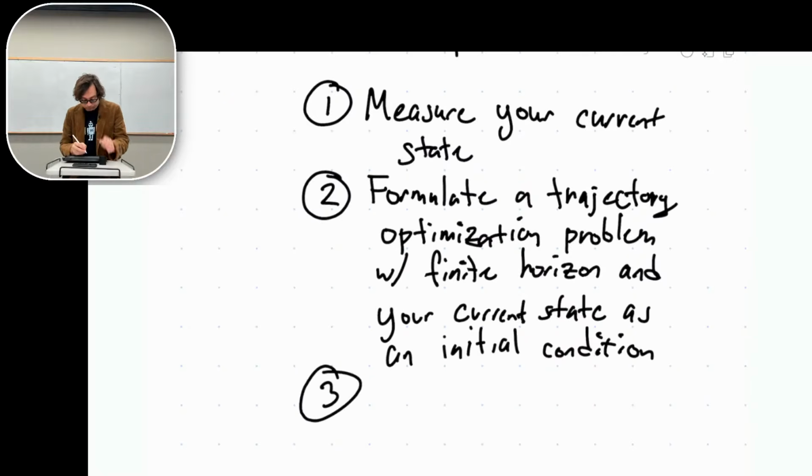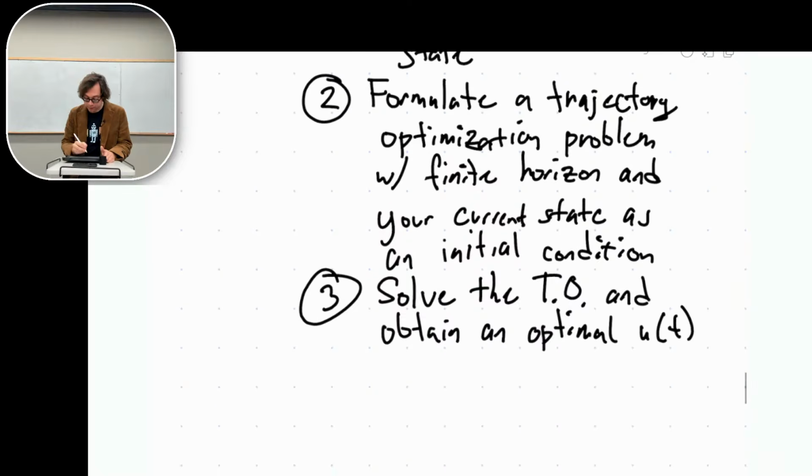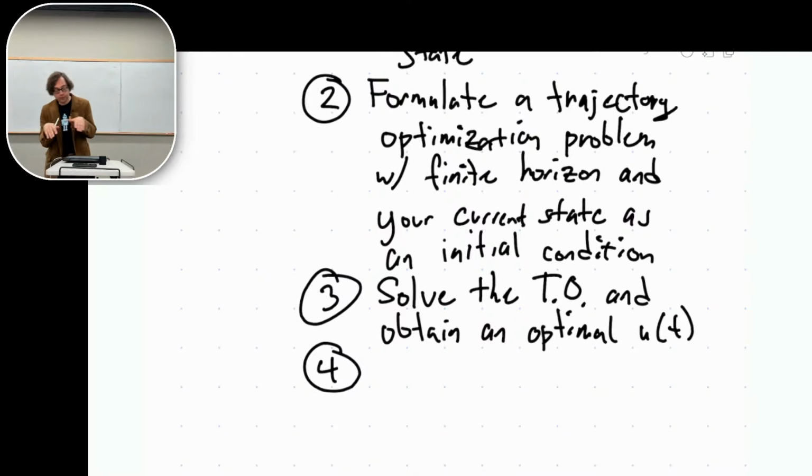Number 3: solve the trajectory optimization and obtain an optimal U of t, control input. Then you just want to take a little step of that control input.